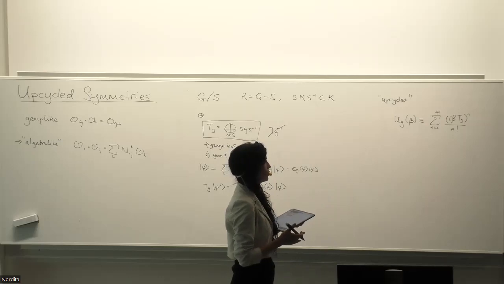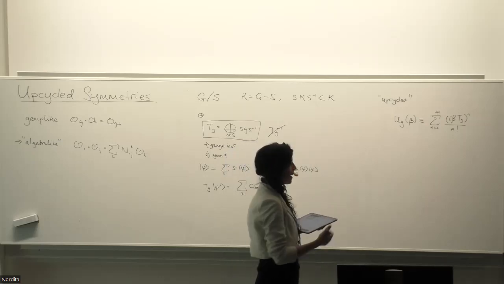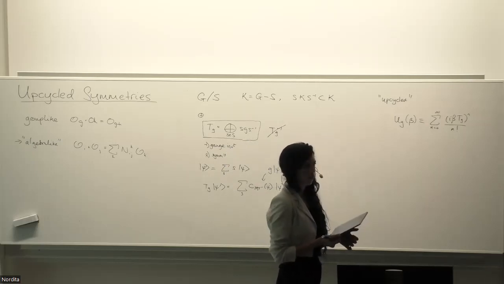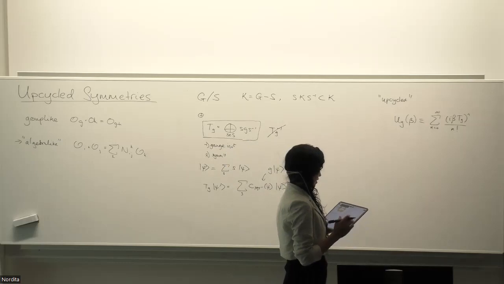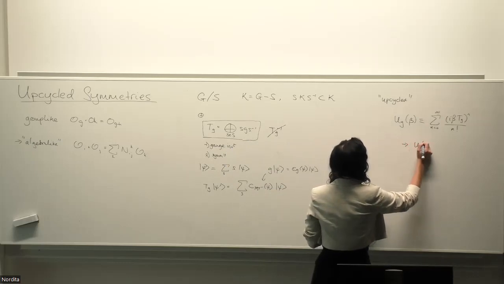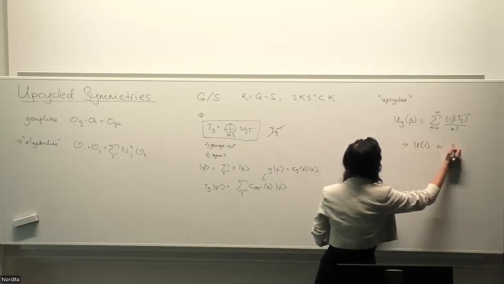It's just a formal definition for now, but it does actually have a perfectly nice action on states, in fact either a U(1) or an R action on the states. We whimsically call this the upcycled operator, and this is going to be either U(1) or R.